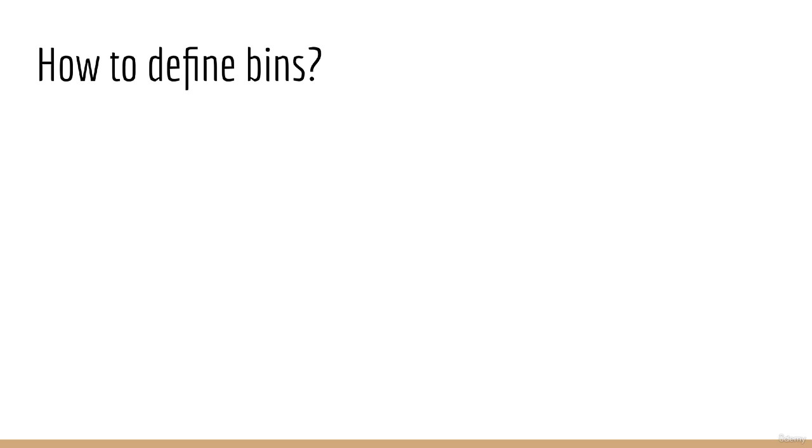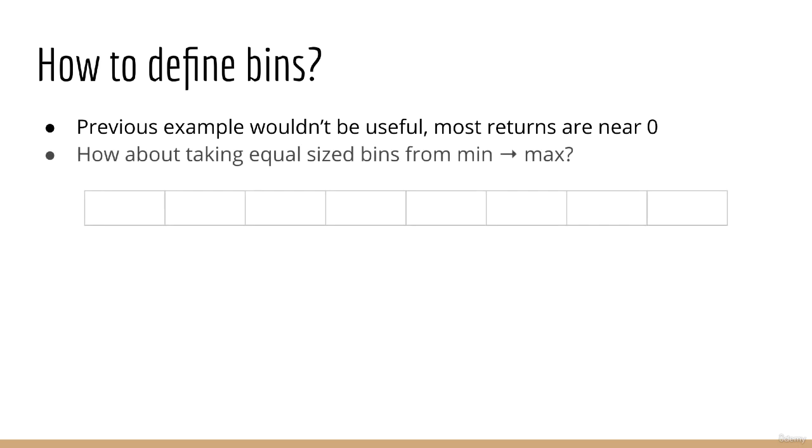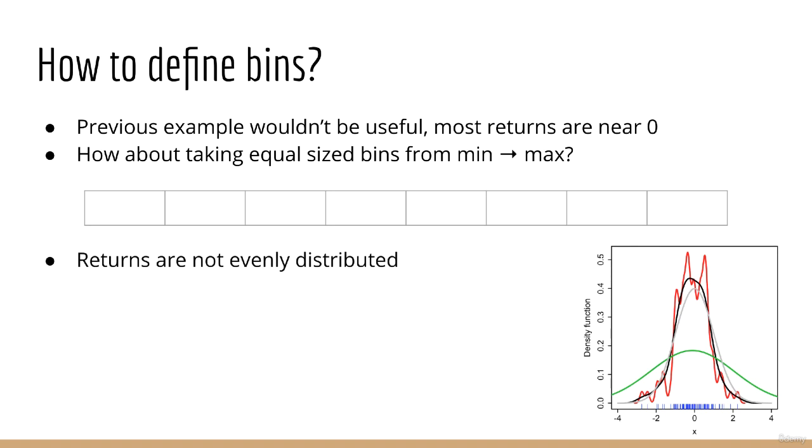The next question you have to consider is, how do you define your bins? Obviously, the previous scheme isn't that useful, since most returns are very close to 0. So suppose we take the maximum value and the minimum value, and we split that up into, say, 10 equal parts. This is better, but it's still not ideal. As you recall, returns have distributions.